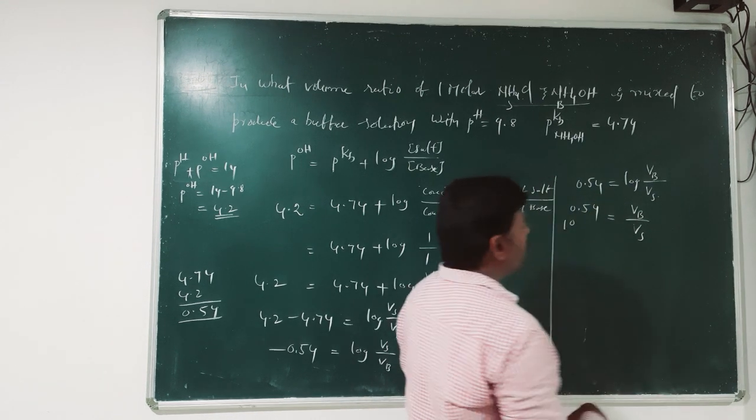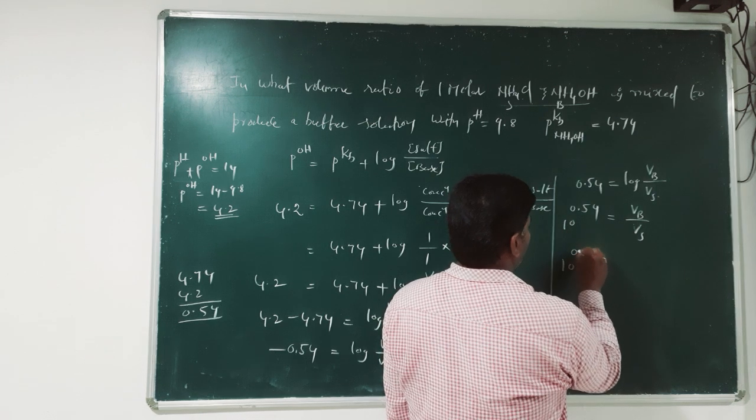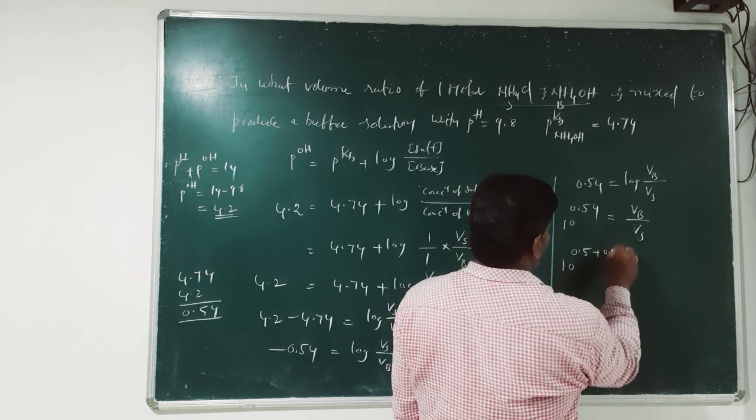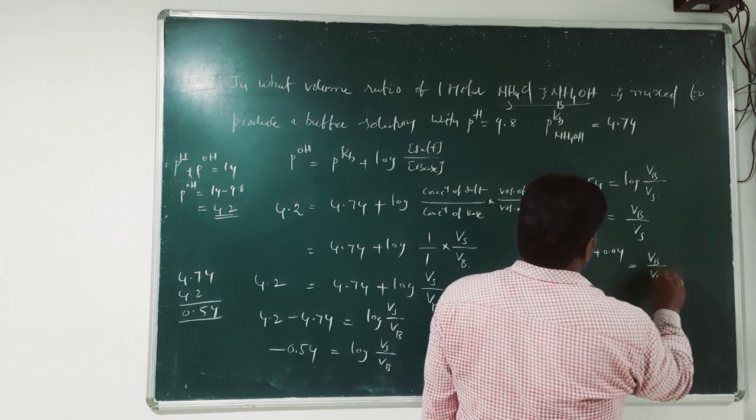We can write this as 0.5 plus 0.04, volume of base by volume of salt.